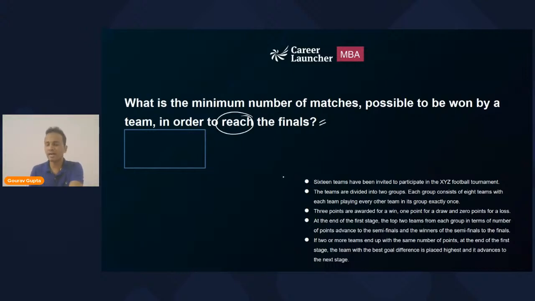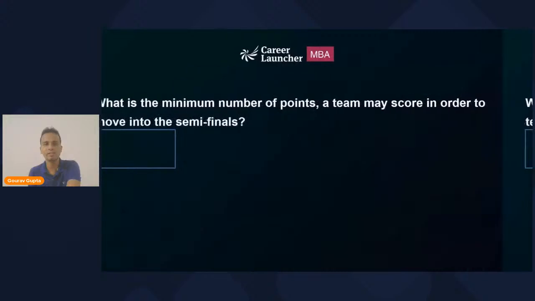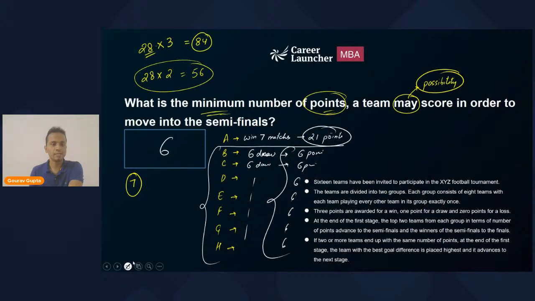If I go back and refer to what I did in the previous question, we have seen that A, who has won all the matches, will go to the semi-finals. And any other team among B, C, D, E, F, G, H, without winning a single match, can qualify for the semi-finals, right?